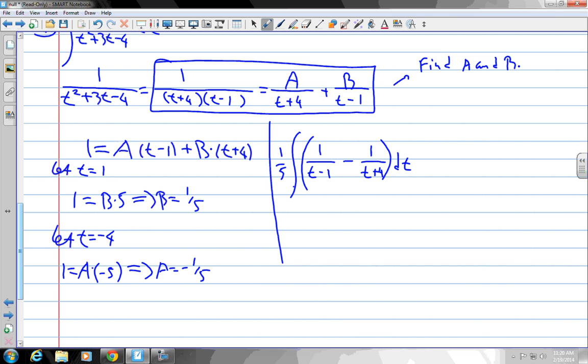Is that okay? I can factor 1/5 out. A carried a negative sign, so I'm just making that thing negative. So just integrate that, so it's 1/5 natural log of t minus 1 minus natural log of t plus 4.